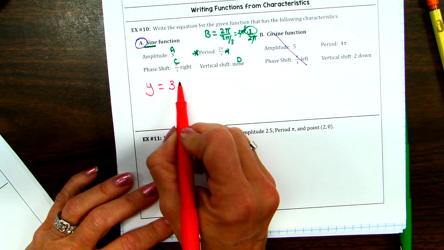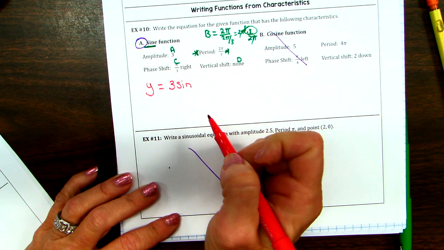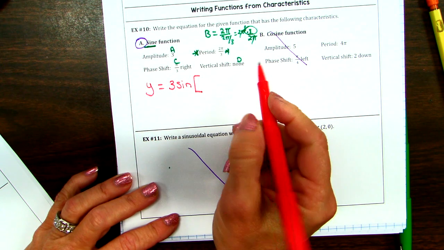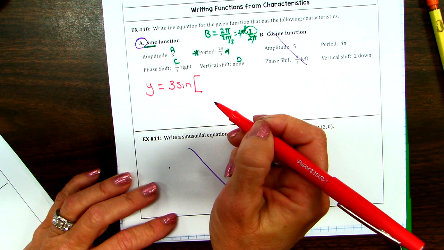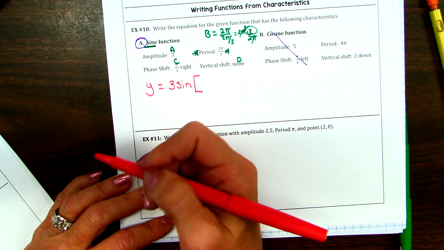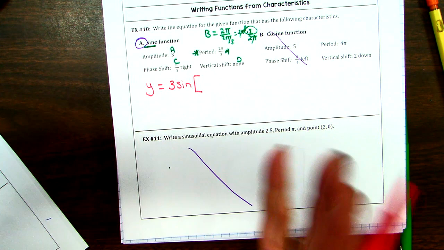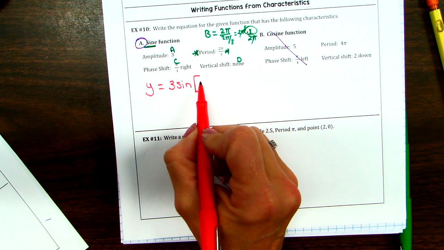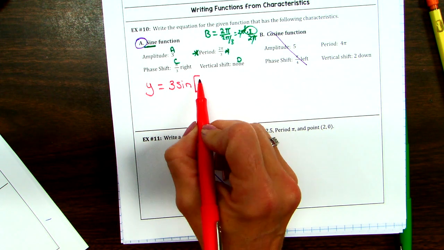We have a sine function. If we have a phase shift, we're going to put a bracket first. Brackets are just secondary parentheses. Can you do parentheses and parentheses? Yes, you can. It's just more proper to do this. B comes next, right? We just found B is 3.